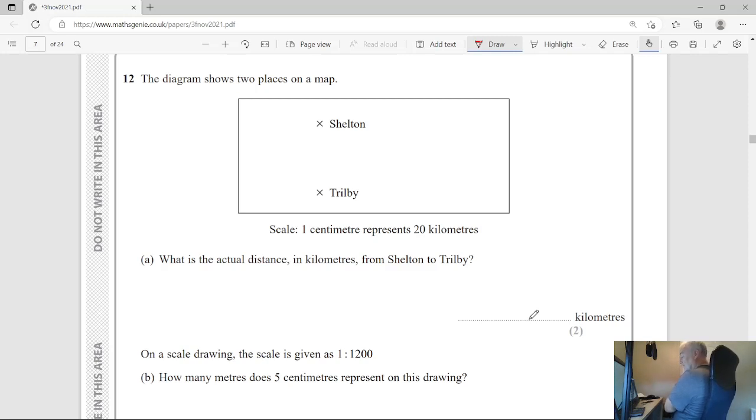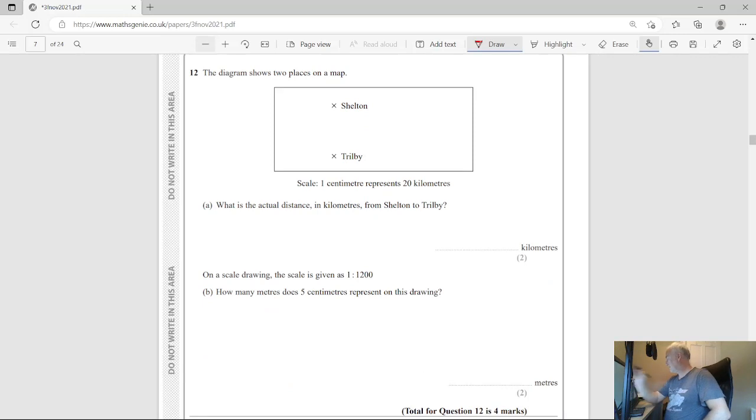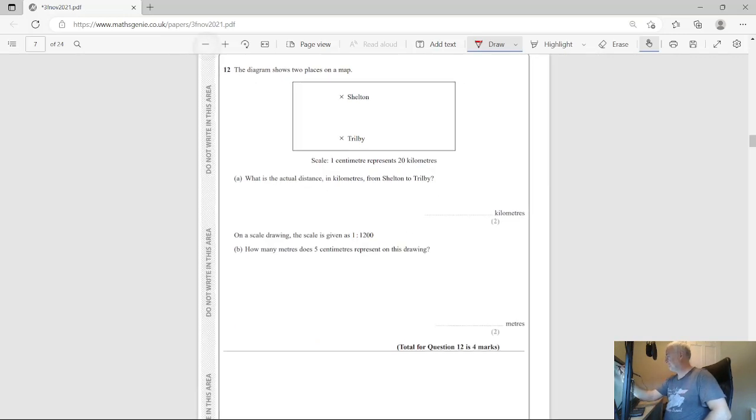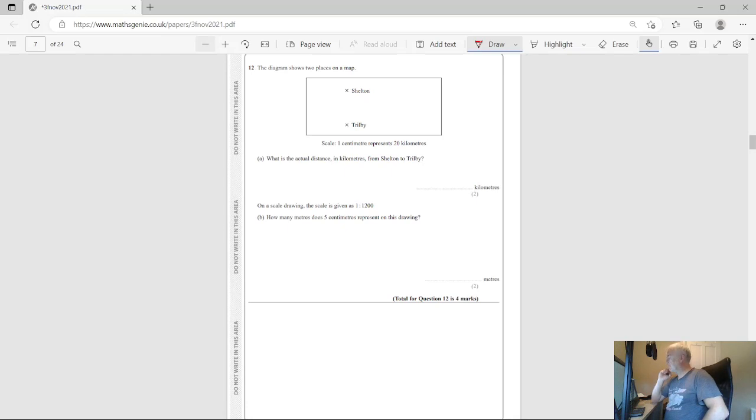So let's say that's the size of it. We're going to measure that value there.